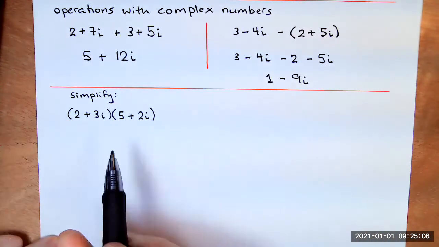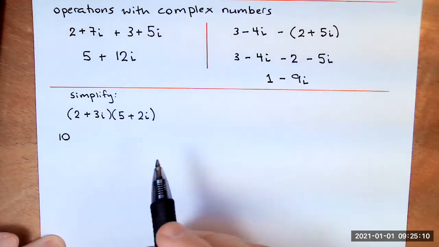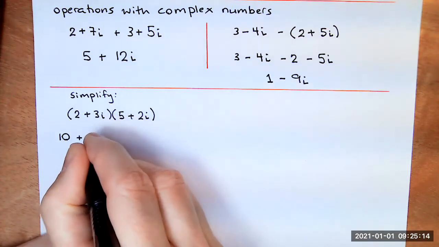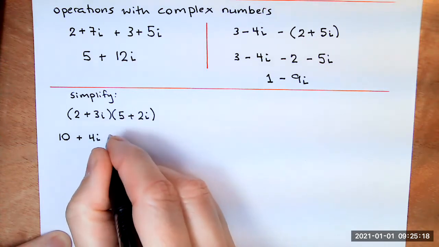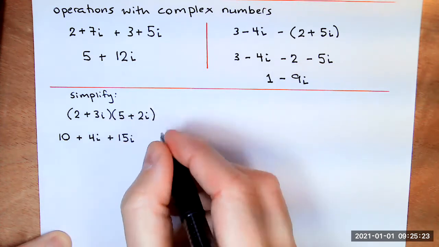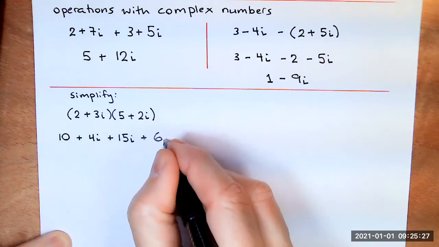Let's just multiply it out. 2 times 5 is 10. The outer product is 4i. The inner product is 15i. And then the lasts are 6i squared.